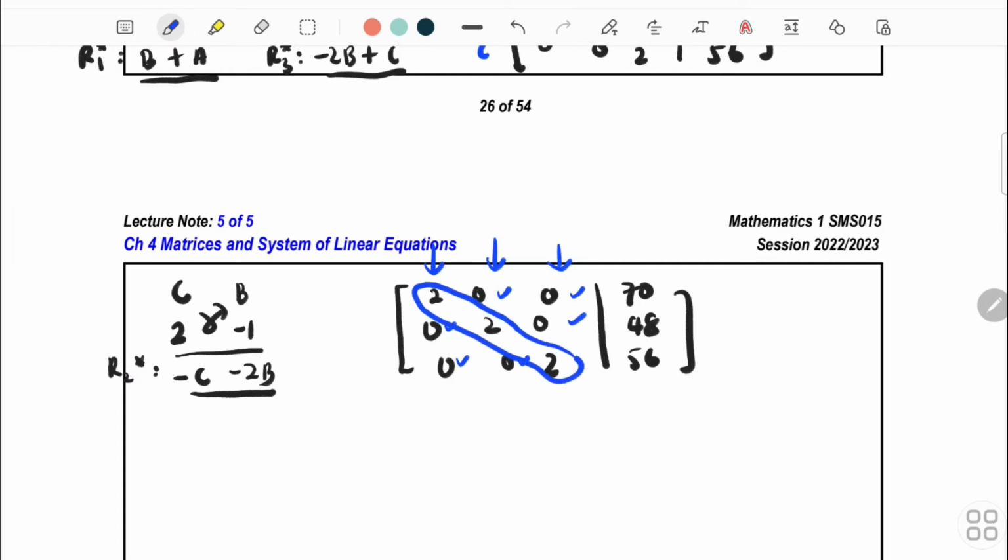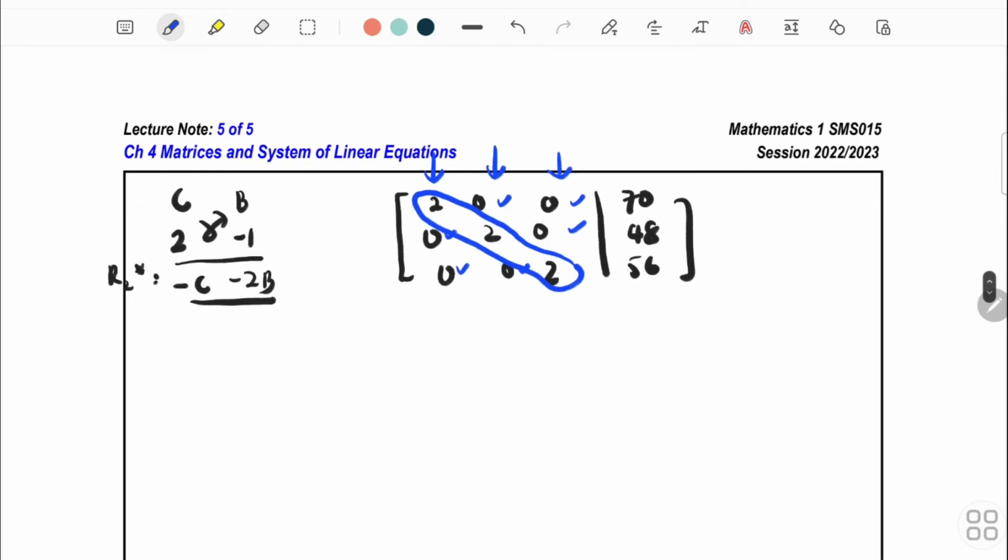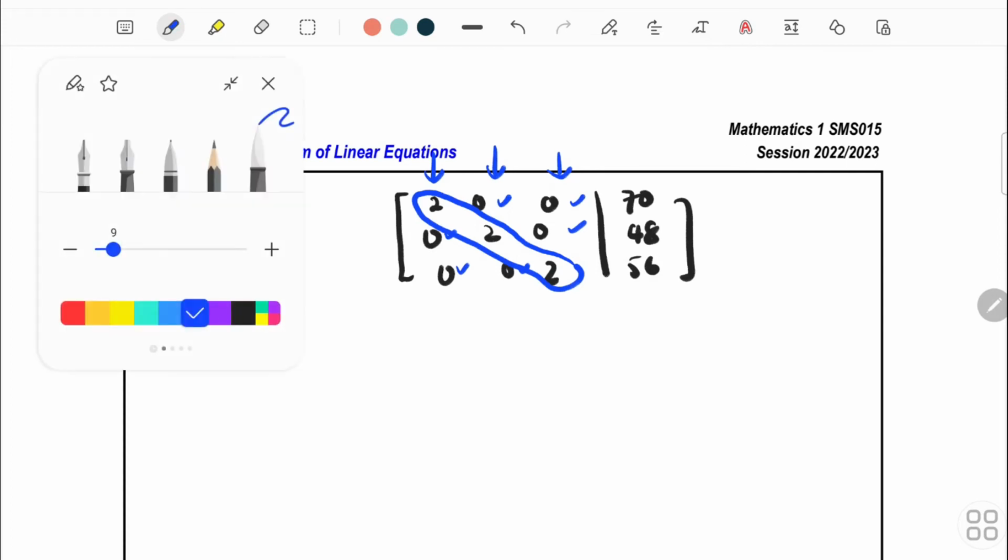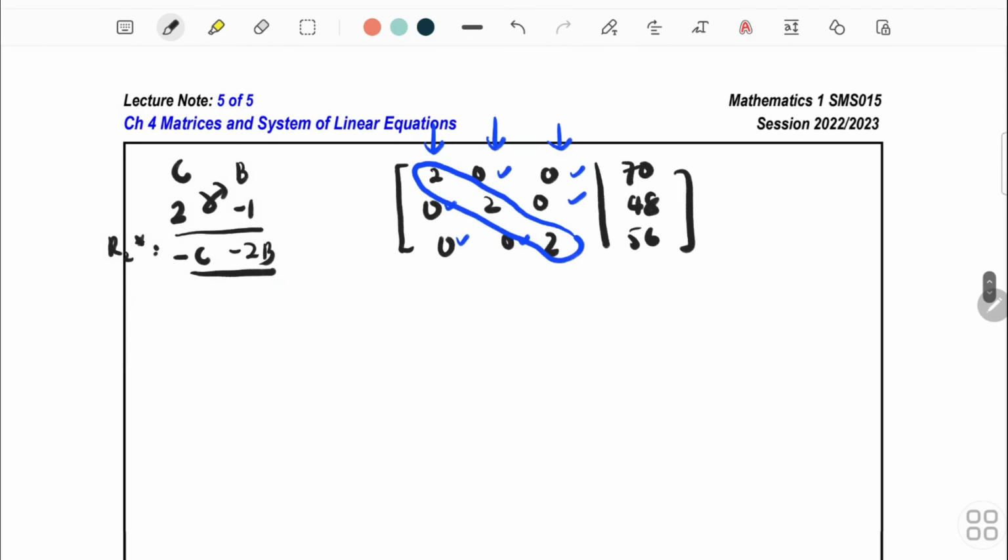So the last step is focusing on the diagonal entry that needs to be changed to 1. Since each of these diagonal entries has the value of 2, each of the rows needs to be divided by 2 in order to get the element of 1.